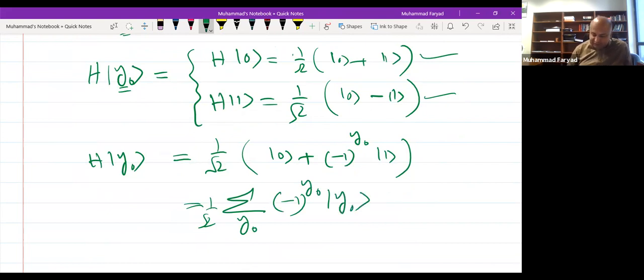And you can check that this is equal to just this, because when y naught goes from 0 to 1, when y naught is 0, minus 1 power 0 is plus 1, and this y naught is 0, so the first state comes out. And plus, when y naught is 1, this minus 1 raised to power 1, and this is 1, so the second state comes out. And let's see, does it look okay or not?